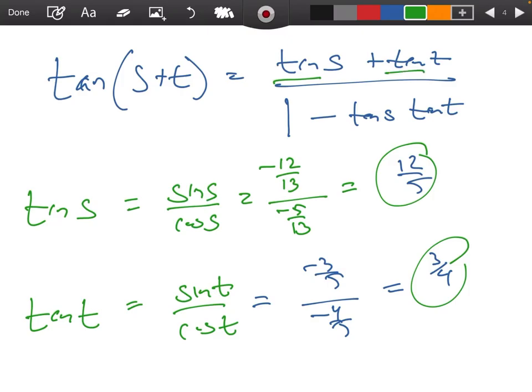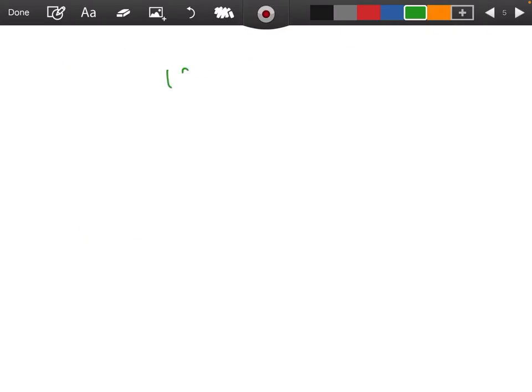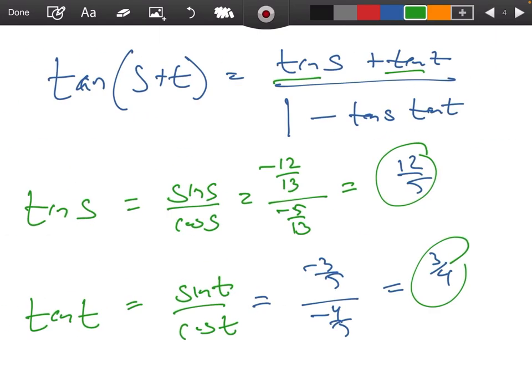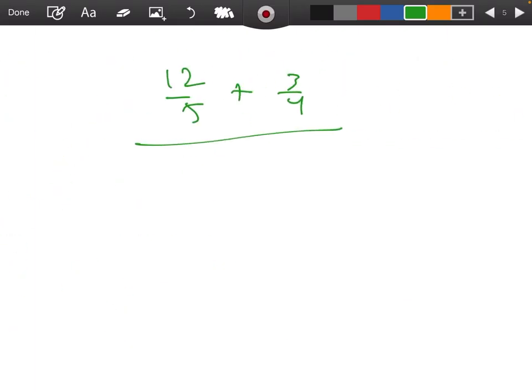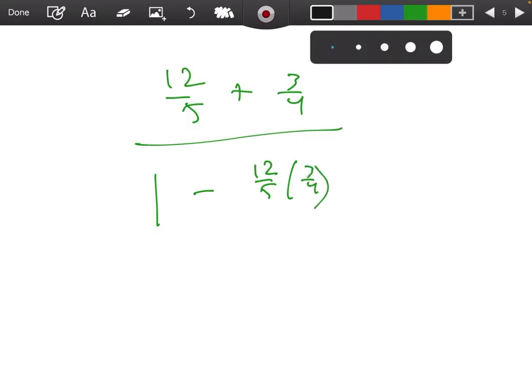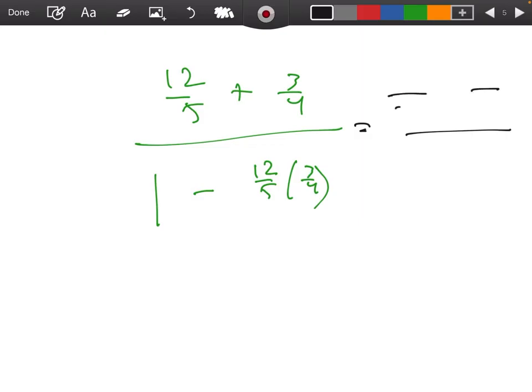We've got tangent s plus tangent t. So 12 over 5 plus 3 over 4, all over 1 minus, and we're going to multiply those numbers together, 1 minus 12 over 5 times 3 over 4. Let's do this. The common denominator here is 20. Multiplying this one by 4, that's a 48. Multiplying that one by 5, that's a 15.